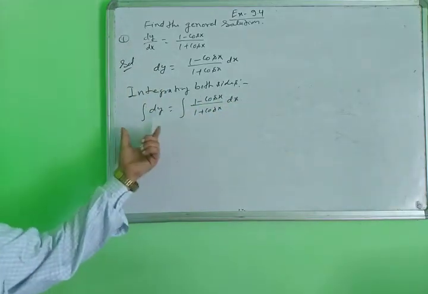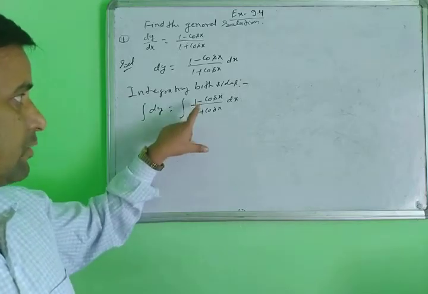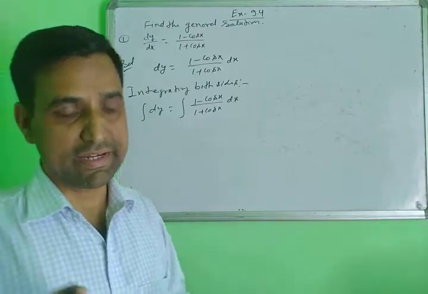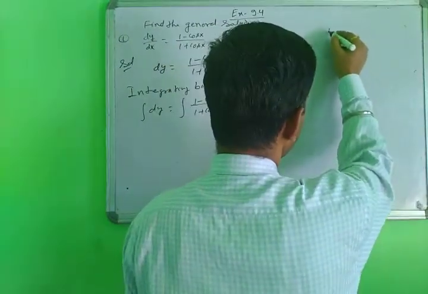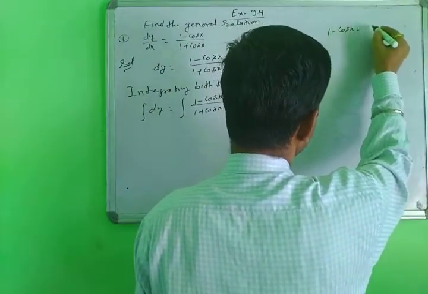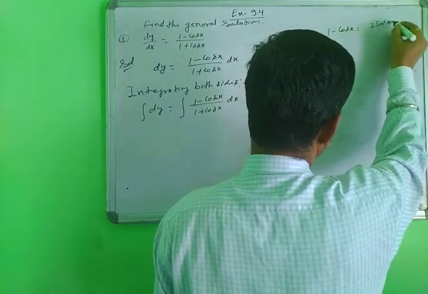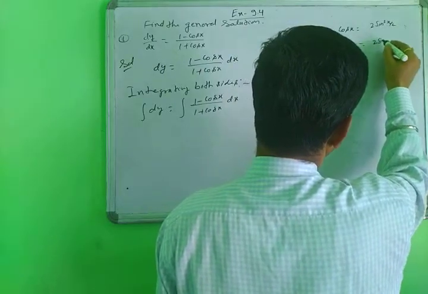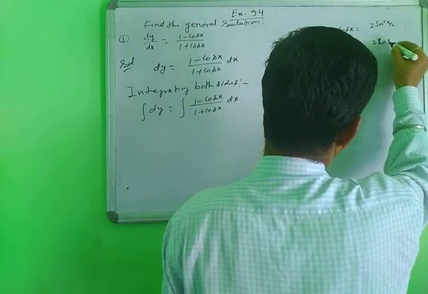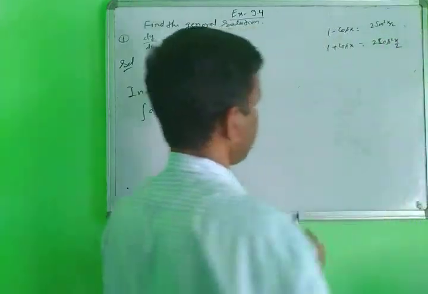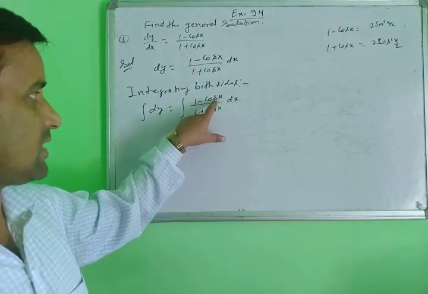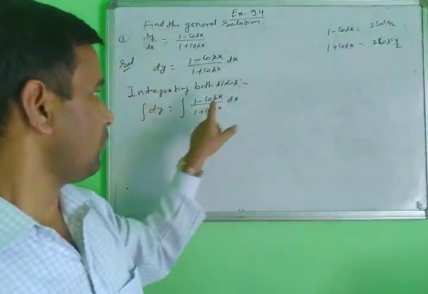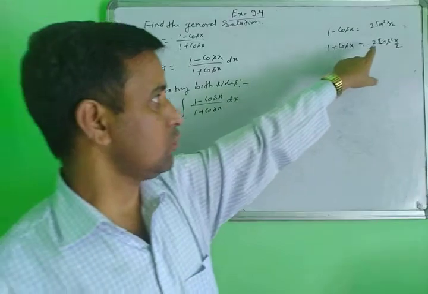This portion is already separated, but for 1 minus cos x and 1 plus cos x you will use the trigonometric identity. In place of 1 minus cos x, you will write 2 sin square x by 2, and in place of 1 plus cos x, you will write 2 cos square x by 2.